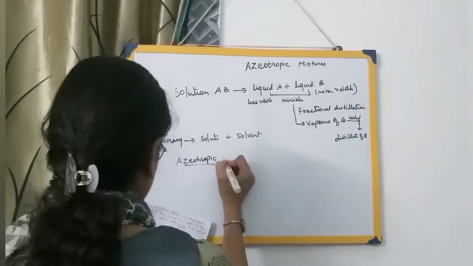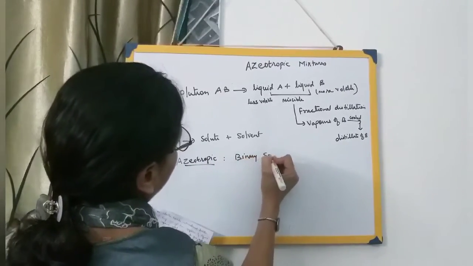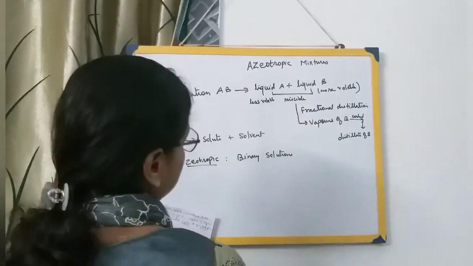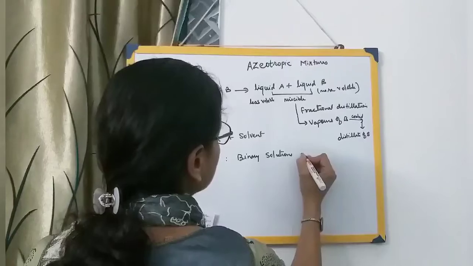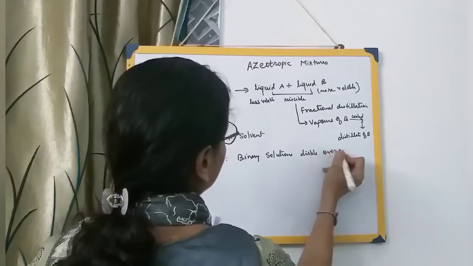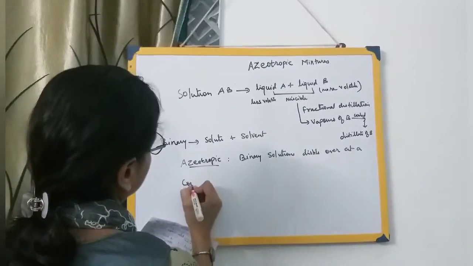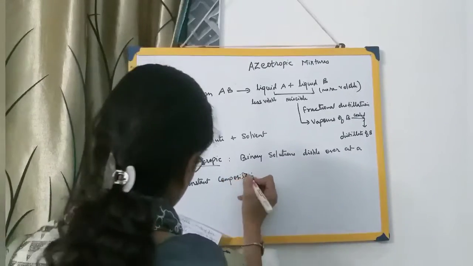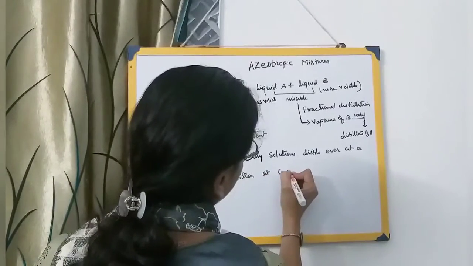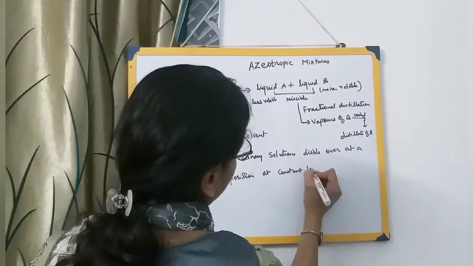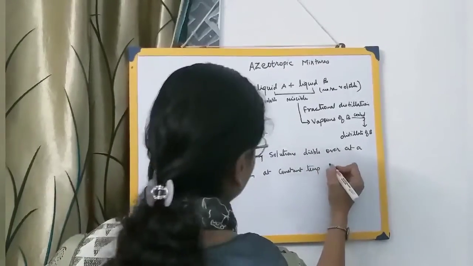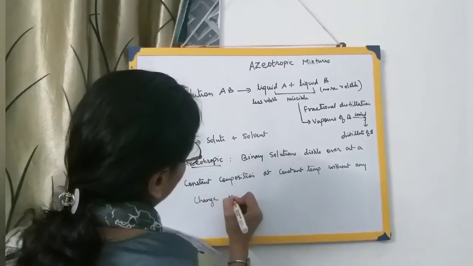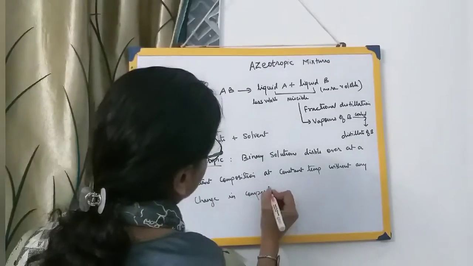These are binary solutions which boil or distill over at a constant composition, at a constant temperature, without any change in the composition.